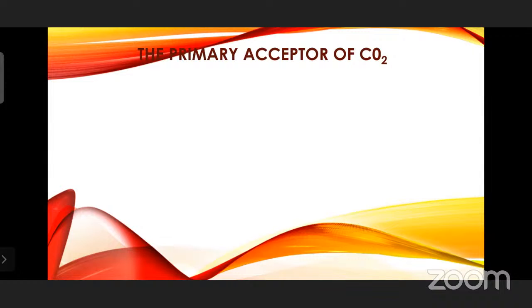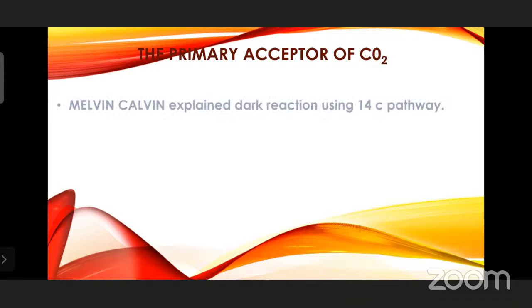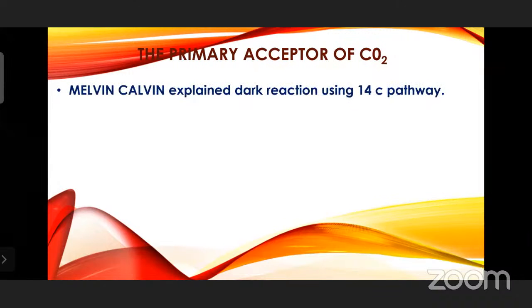So coming to the primary acceptor of carbon dioxide, in this reaction that takes place in the stroma of the chloroplast, carbon dioxide is the raw material getting utilized now in this biosynthetic phase. Who is going to accept this carbon dioxide? That will be identified. So Melvin Calvin, the scientist, explained the dark reaction using the carbon 14 pathway.